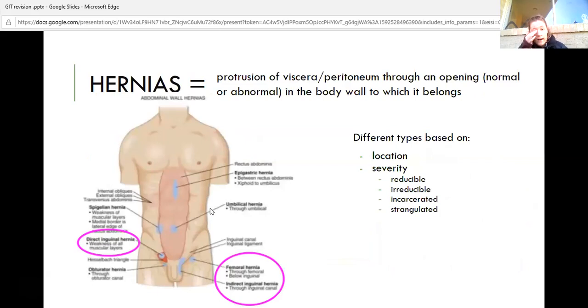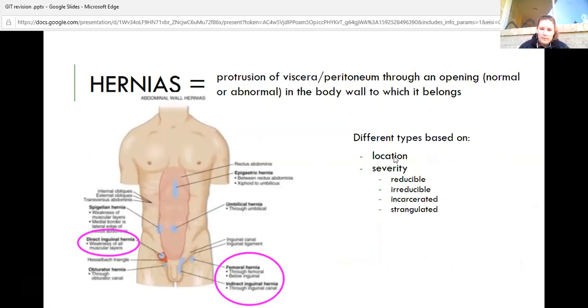Then hernias. The definition is that it's a protrusion of viscera or peritoneum through an opening, which can be normal or abnormal, in the body wall to which it belongs. So it's stuff getting somewhere abnormally through an opening, basically. There are different classifications.